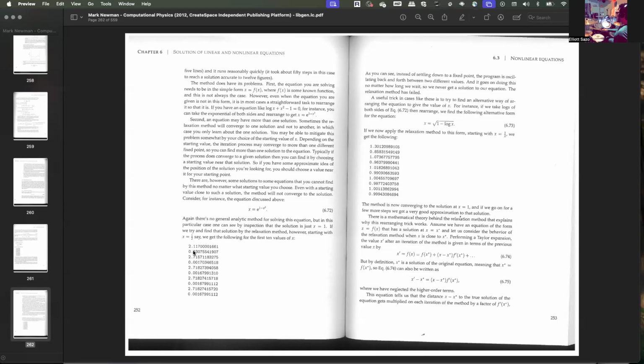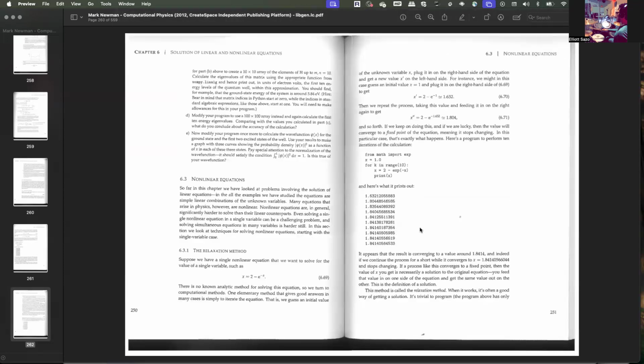As you can see, it's 2.1, 0, 2.7, 0, 2.7, 0. So when they couldn't do that, they did a trick to get it into this form by taking the log of the equation. And by using this formula instead of this one, they used the same relaxation method and came out better. Next.